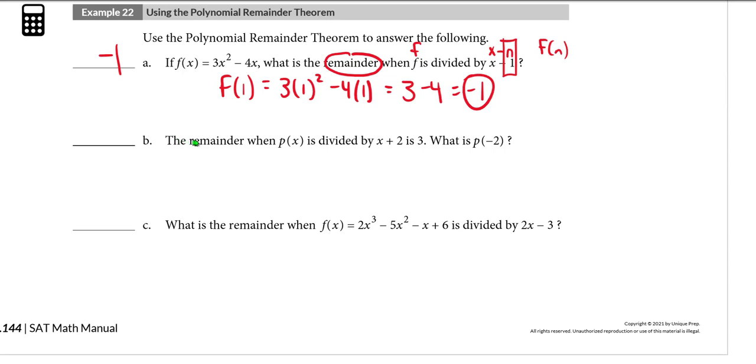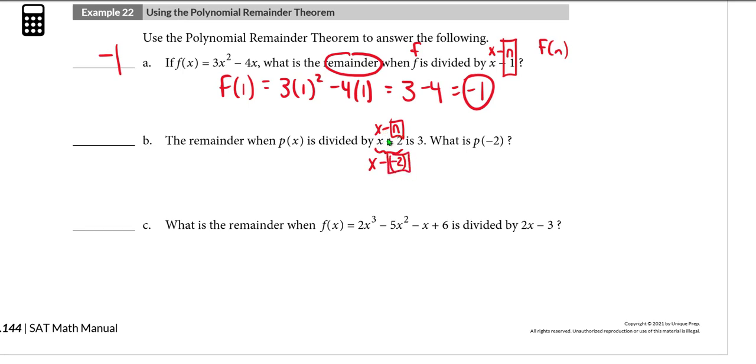22b, the remainder when p of x is divided by x plus 2 is 3. What is p of negative 2? Well, let's take a look at this. I'm going to rewrite x plus 2 as x minus negative 2. So it should be pretty clear that our n is negative 2.